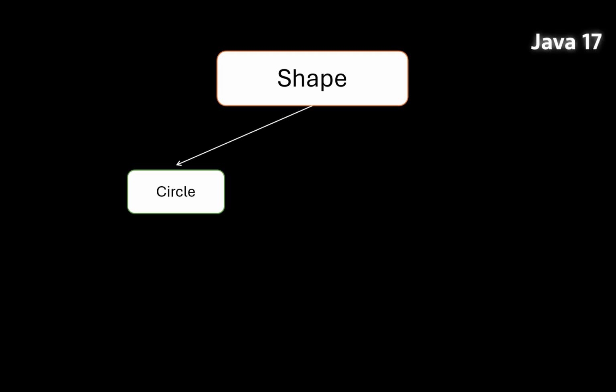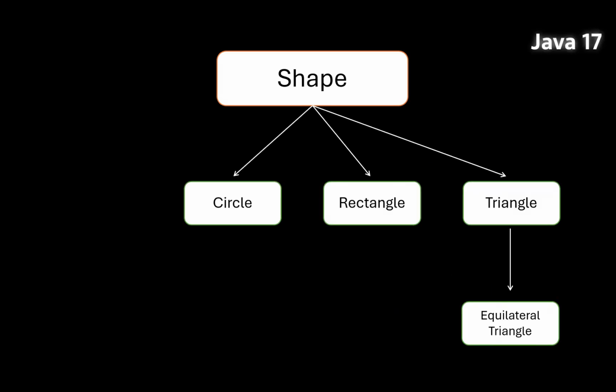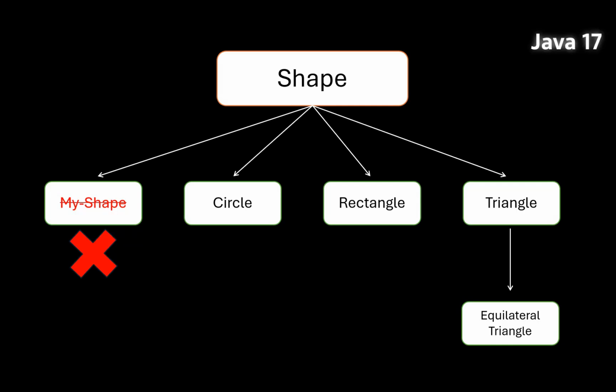Now let's say we have a shape interface which is used by other classes like circle, rectangle, and triangle classes. These classes can also be used or extended by other classes. Now, let's say you don't want this shape interface to be implemented by any other class.